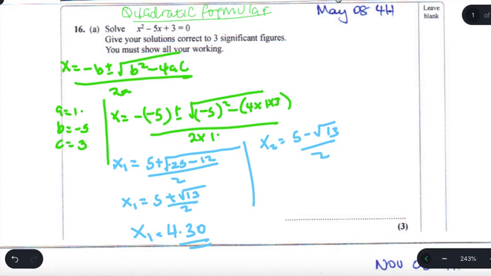And our second value will be the square root of 13 negative plus 5, and then we divide it by 2, and our second value of x will be 0.697, 3 significant figures. So this is the application of the quadratic formula.